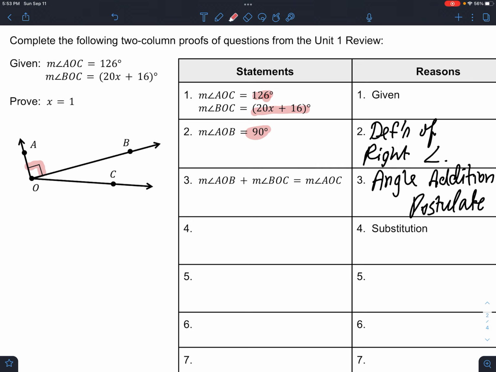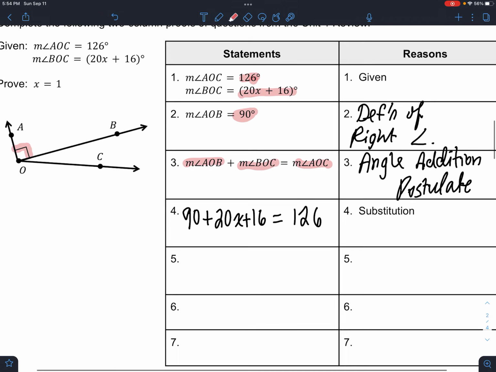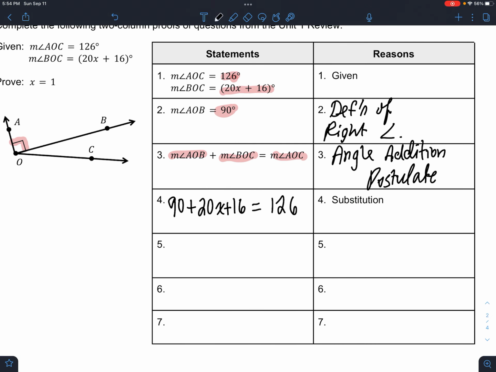So if we want to start solving for x, we have to substitute. 90 equals 90 plus 20x plus 16 is 126. All I'm doing is I'm just replacing each of these 3 with their expressions. And then it's just off to the races to just solve the equation and hopefully get x equals 1. Okay? So most of the time you can combine like terms from the beginning.